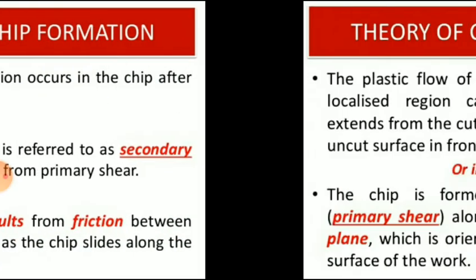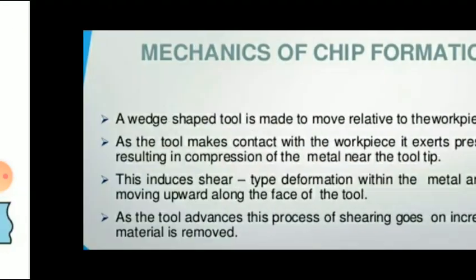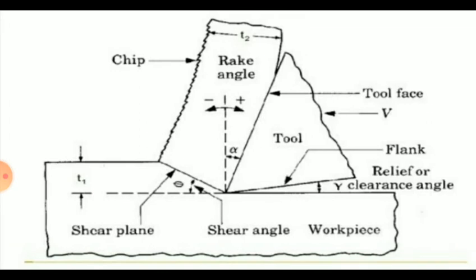You can see in a diagram. In this diagram, it is indicated by T1 and T2. T1 is the uncut chip thickness. You can see at the left hand side there is T1, and at the top you can see the chip thickness, T2, the cut chip thickness.